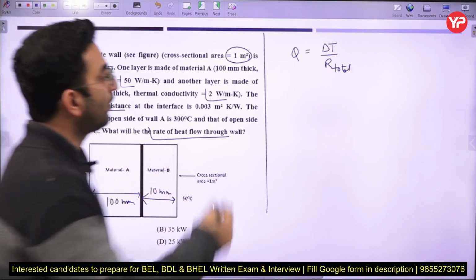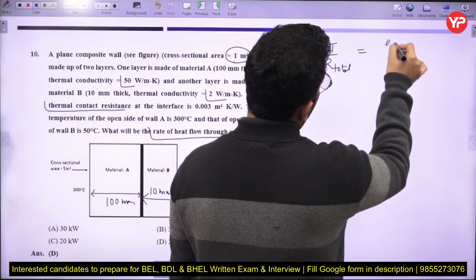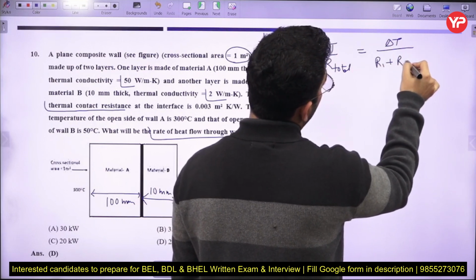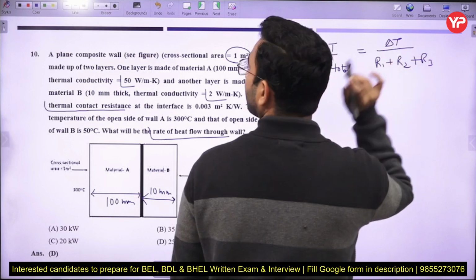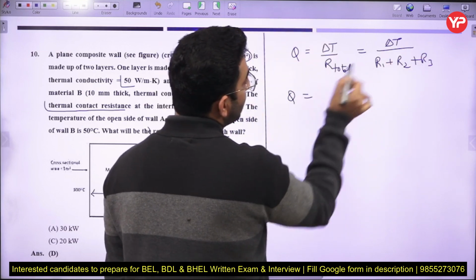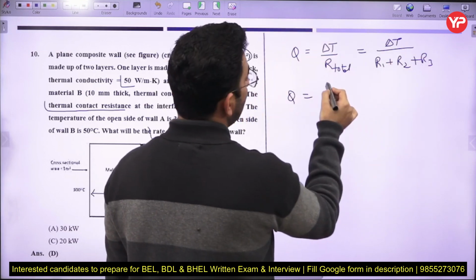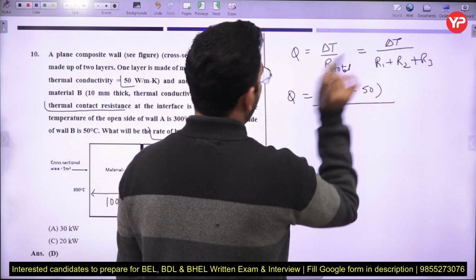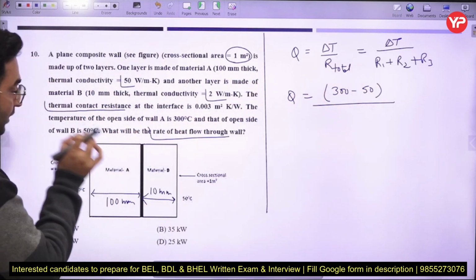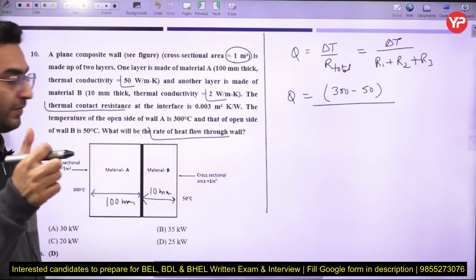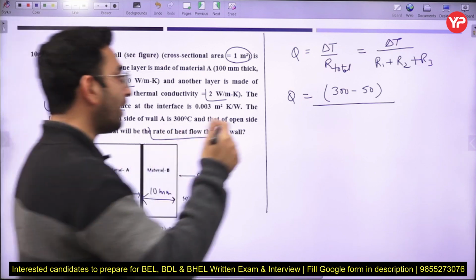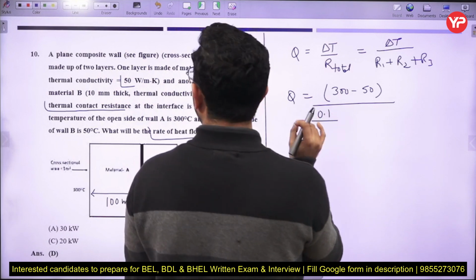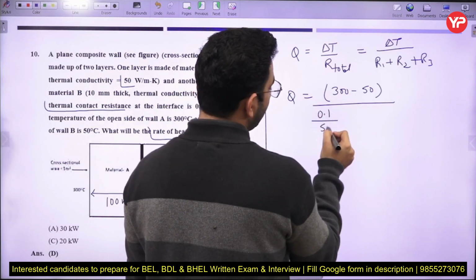So we can write that Q is going to be equal to delta T divided by R1 plus R2 plus R3, and in this case the delta T will become 300 minus 550 divided by resistance offered by material A, that is the conduction resistance, which can be calculated by the ratio of 100 millimeter divided by thermal conductivity.